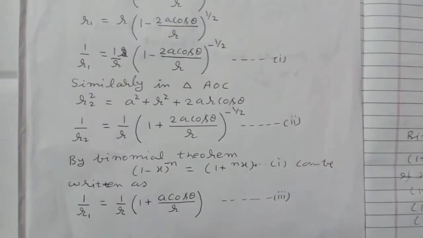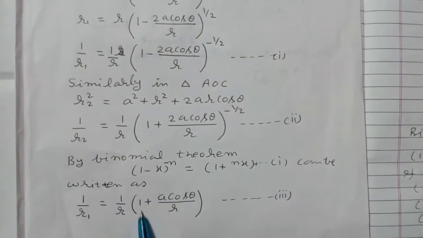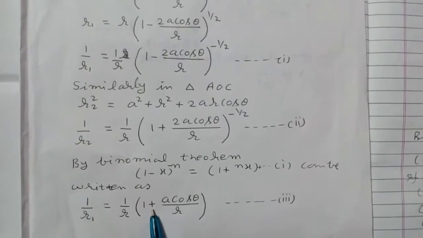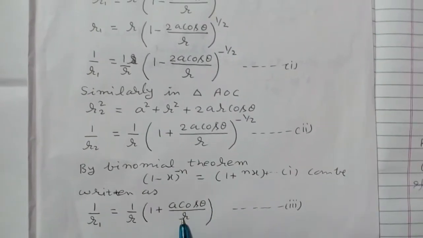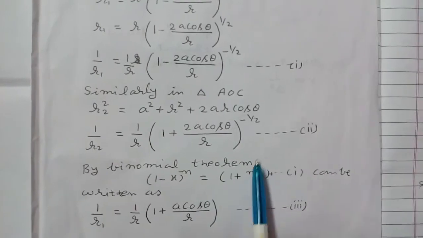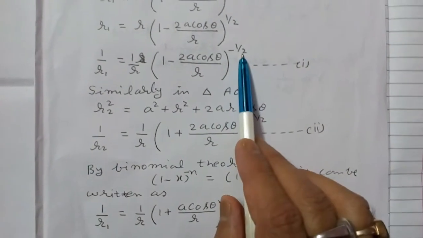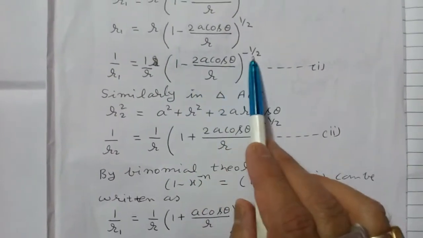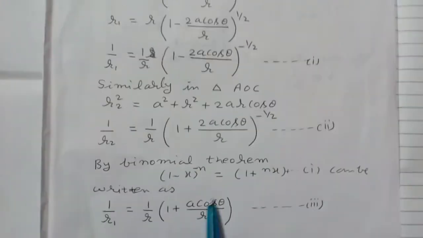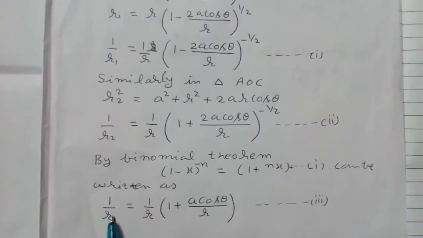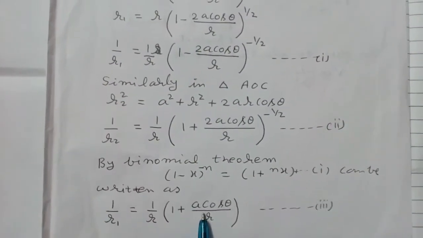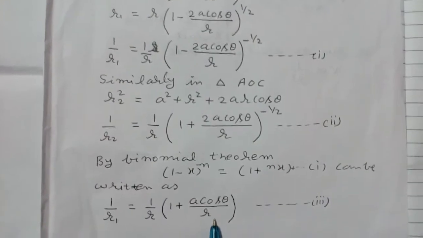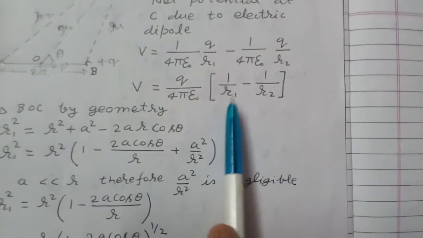So 1 by r1 is equal to 1 by r, in bracket 1 plus a cos theta by r. Why? Because here n is minus half, so this minus minus becomes plus, and 2a cos theta multiplied by half becomes a cos theta. So we can write 1 by r1 like this.